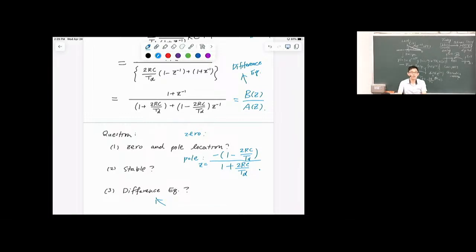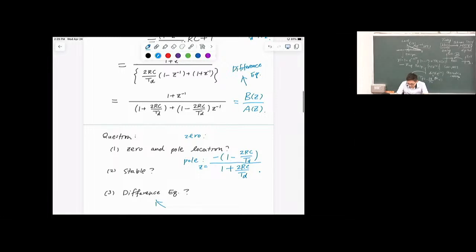So turns out that we have a zero at z equals to -1, which is always true. This is actually pretty general, okay? Bilinear transformation creates zeros, and sometimes multiple zeros, all at z equal to -1.